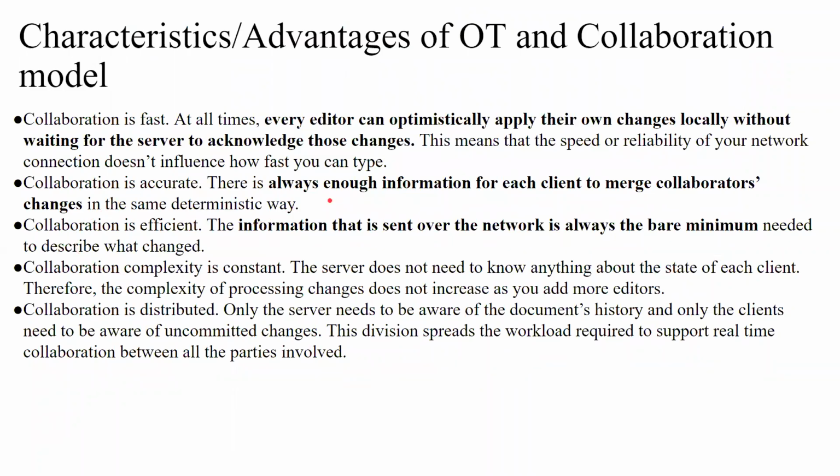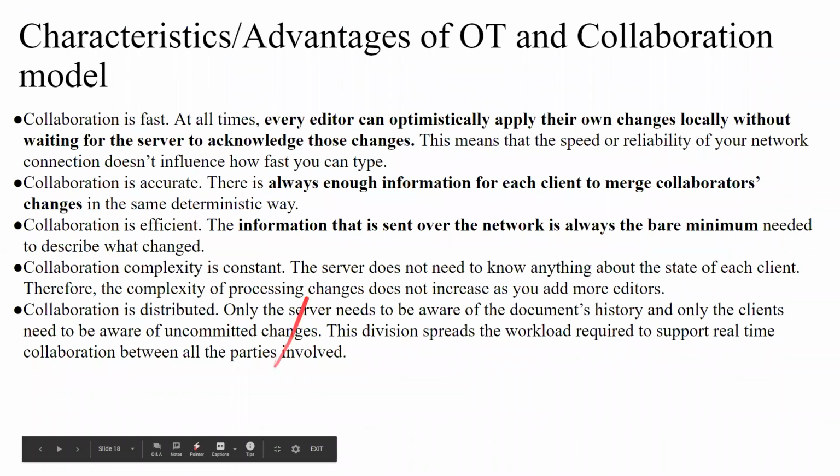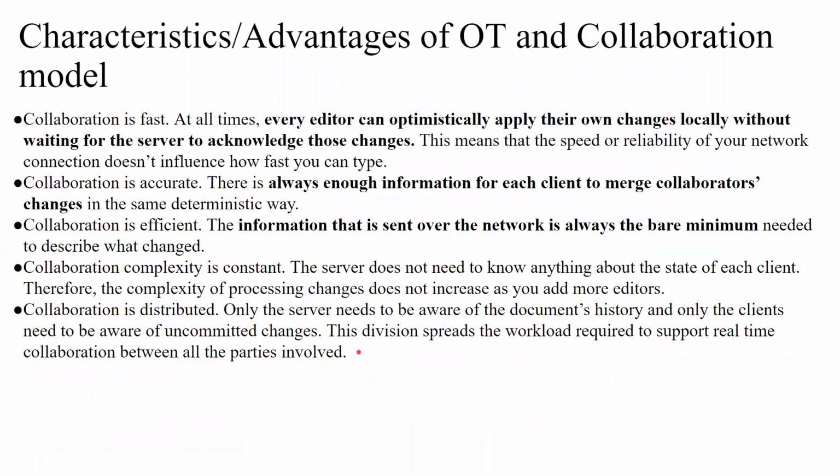I wasn't very sure of the last two points. At the surface I see they kind of make sense, but the first three points were pretty clear to me. But the fourth point says collaboration complexity is constant. So it's saying that as you add more clients, the complexity of processing does not increase.